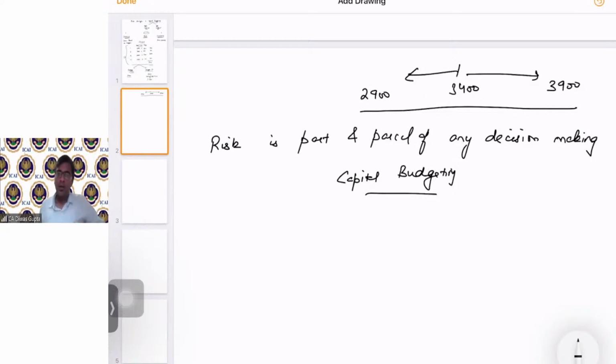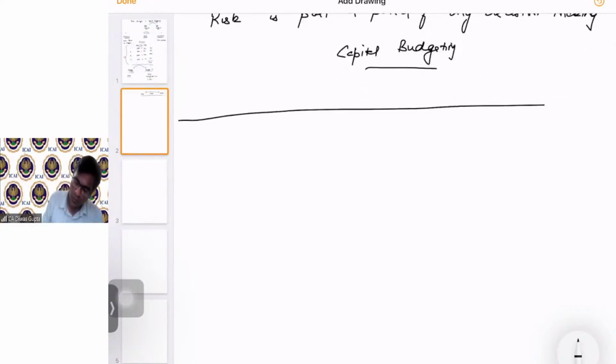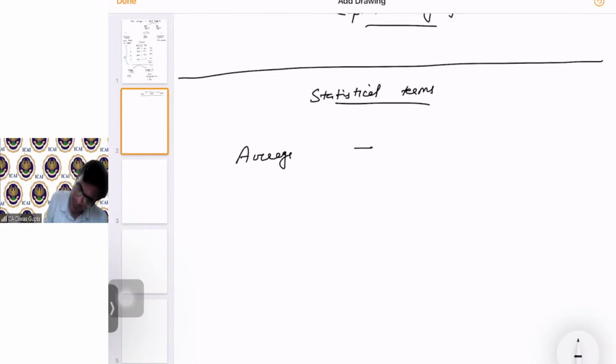Now, let us first see what statistical terms say. In statistical terms, what do we call the average, and what do we call risk? Can anybody tell me?